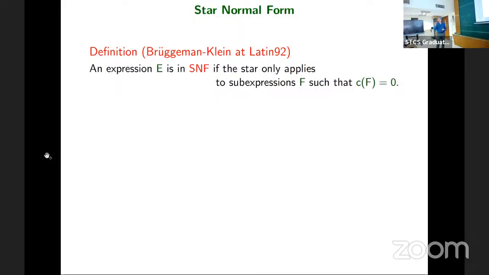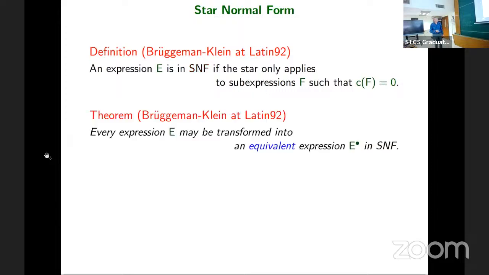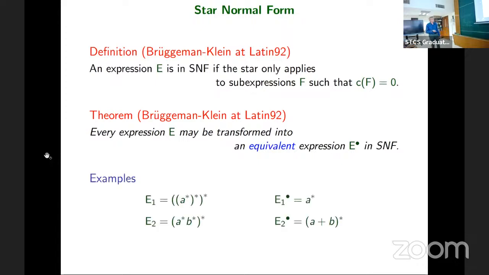I will not go into the details, but the idea is that there is no sub-expression, if a sub-expression contains the empty word, that is starred. And so you have rules to transform an expression: you start from the expression and you transform it into an equivalent expression which has this property, which is in star normal form.